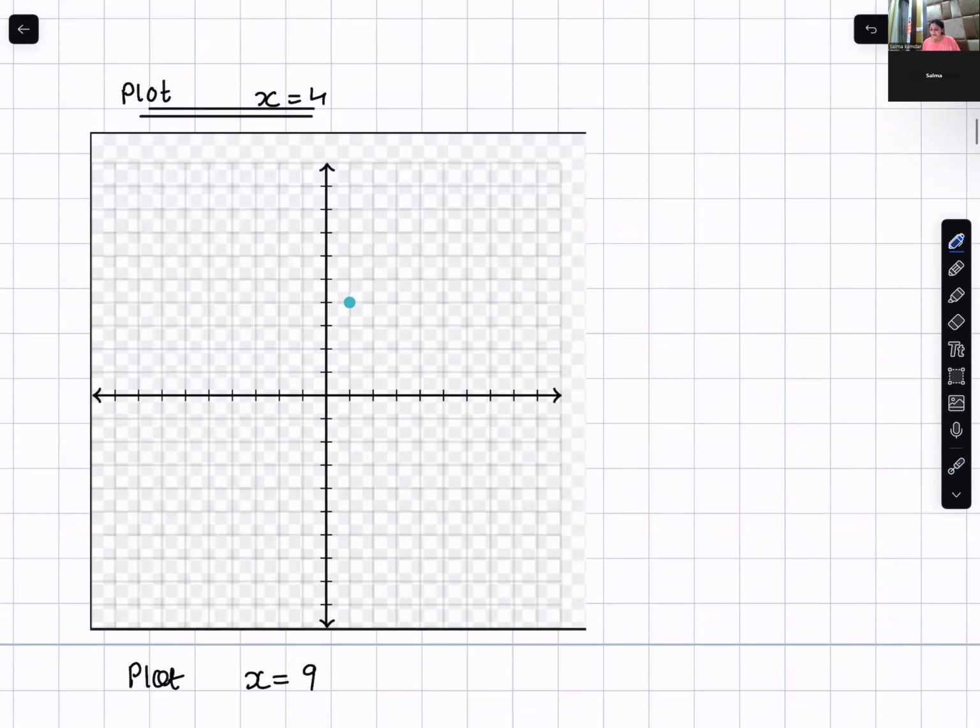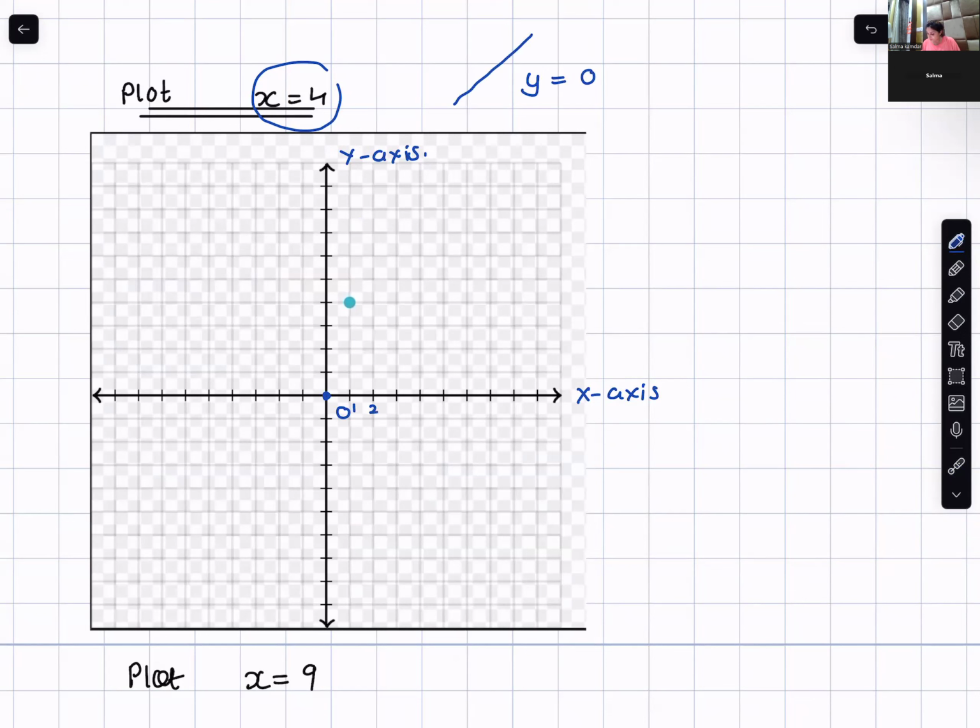If I say I want to plot x equal to 4, this is my x-axis, this is my y-axis. The place where both the axes meet is 0. If I want to plot something where x is equal to 4, that means y is equal to 0.